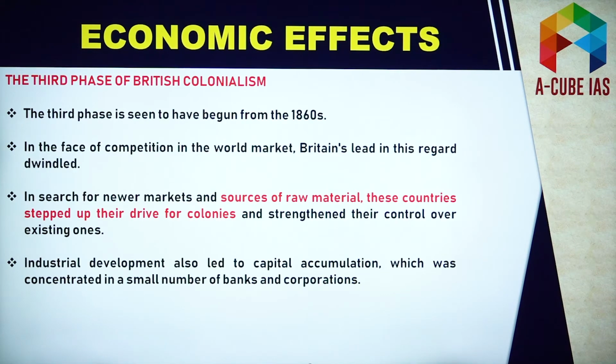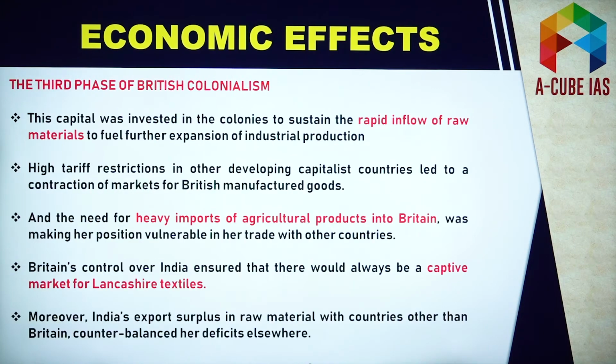Some investment was made, and this capital was organized through a closed network of British banks, export-import firms, and managing agencies. Now, the third phase was merely a consolidation of trends that were already witnessed clearly in the second phase. So it may be more useful to study these phases as heavily overlapping, where new and more subtle forms of exploitation existed.